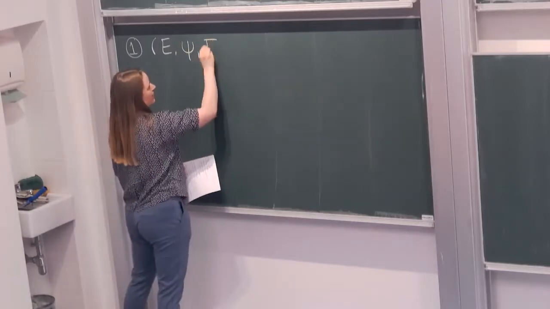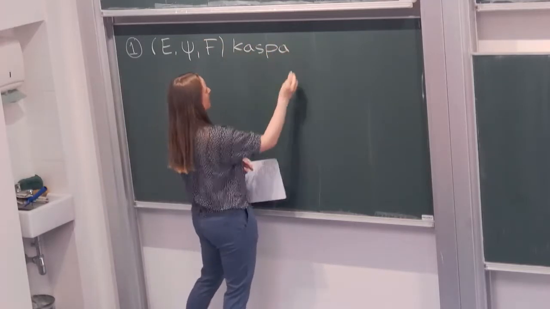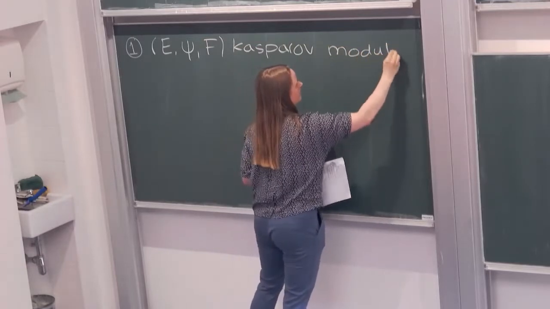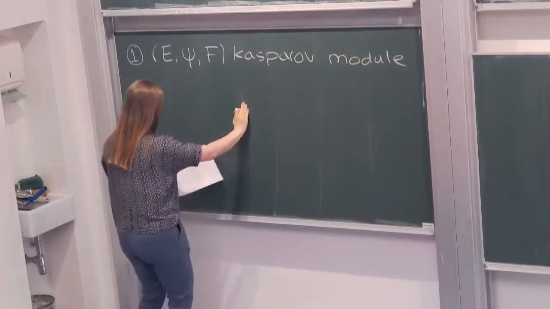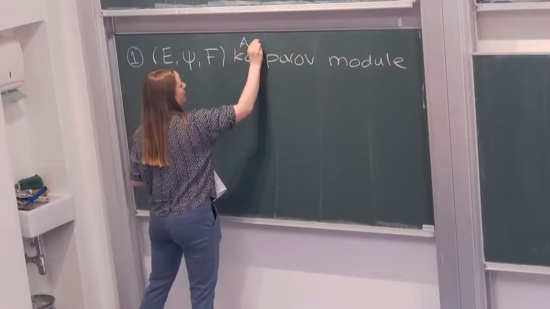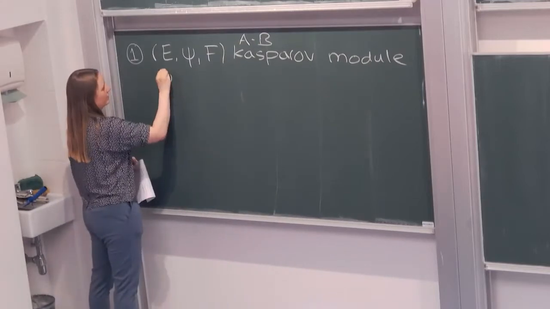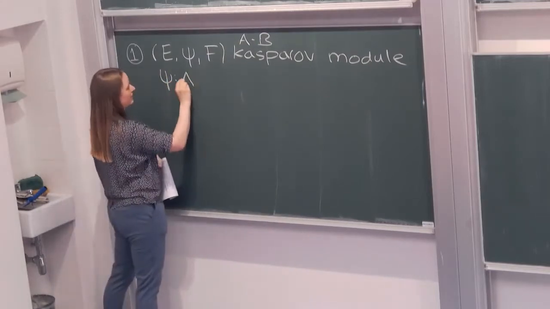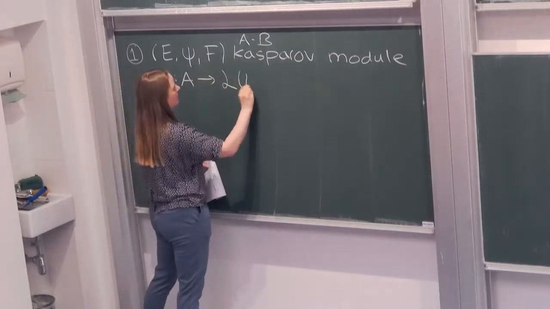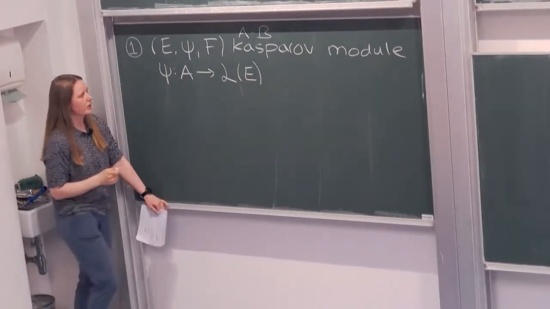If we start with a Kasparov module, let's say a Kasparov A-B module, then remember that psi here will be a map from A to the adjointable operators on E, and E is a B module.